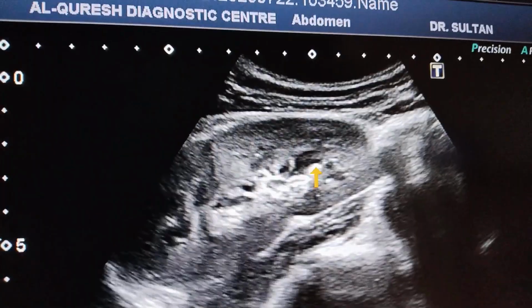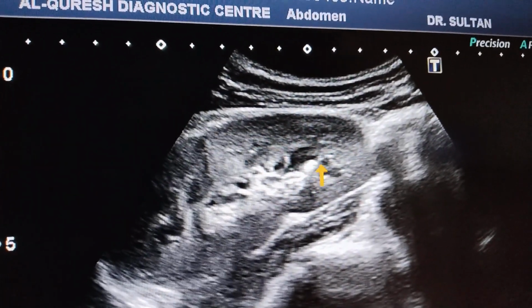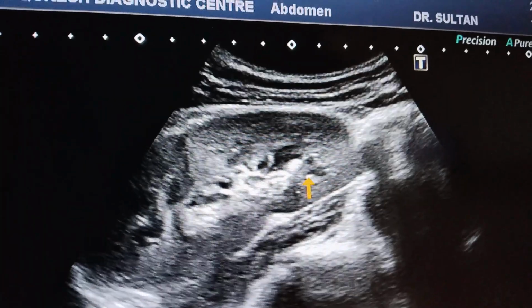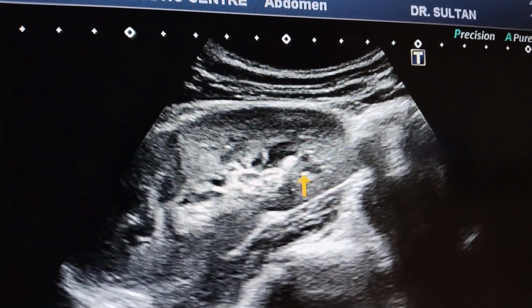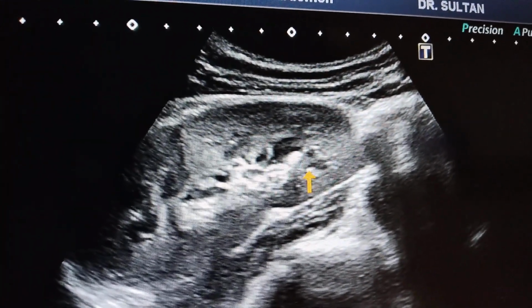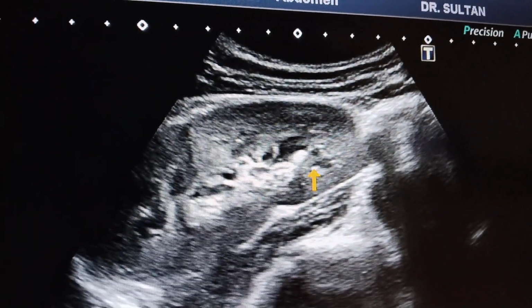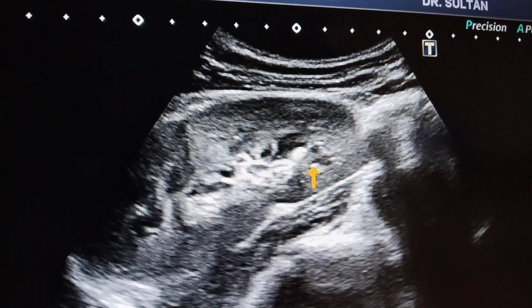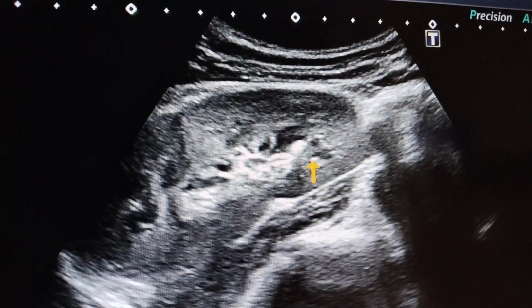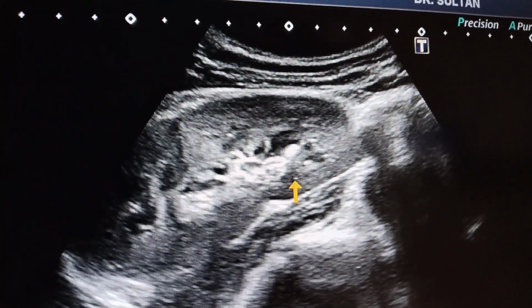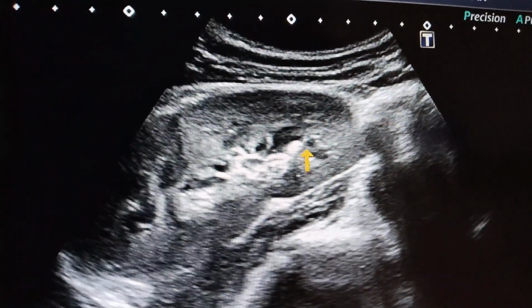So the definite location of a stone is within the collecting system, the calyceal system or the papilla. This is one informative thing, where it should be present. So when we talk about this focus, this is giving shadowing, this is definitely a stone.